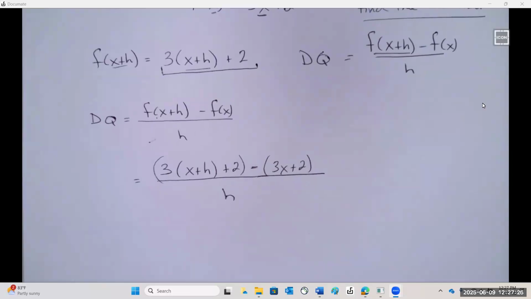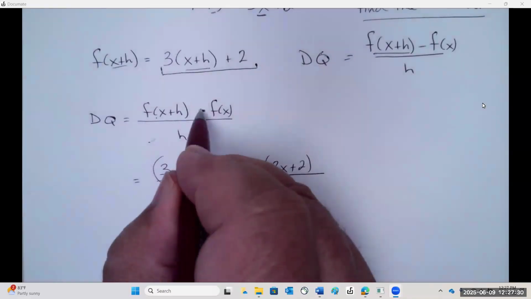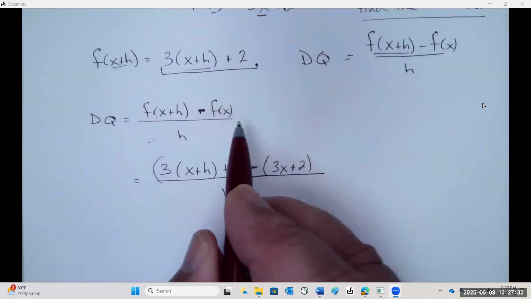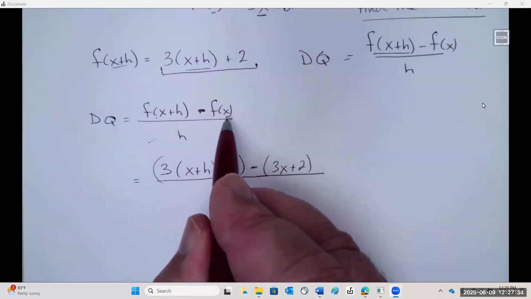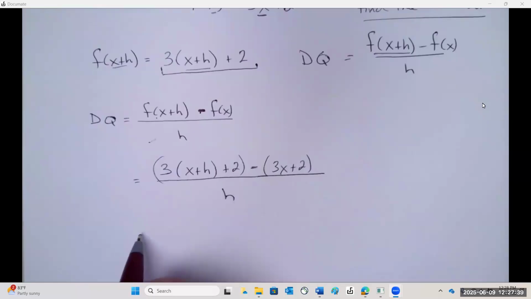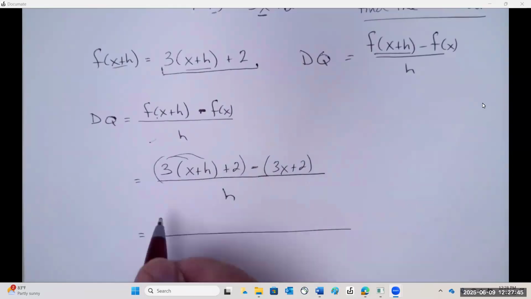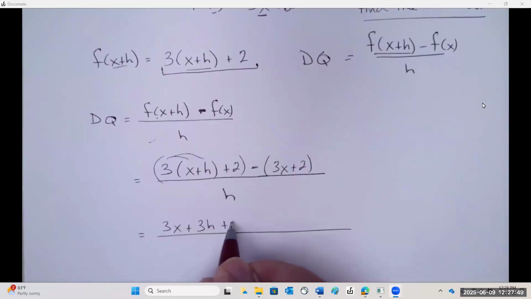I remember from algebra, it said in a difference quotient, any part of the equation after the minus sign, when you simplify it, has to disappear. So when we remove the parentheses, we have 3x plus 3h plus 2.